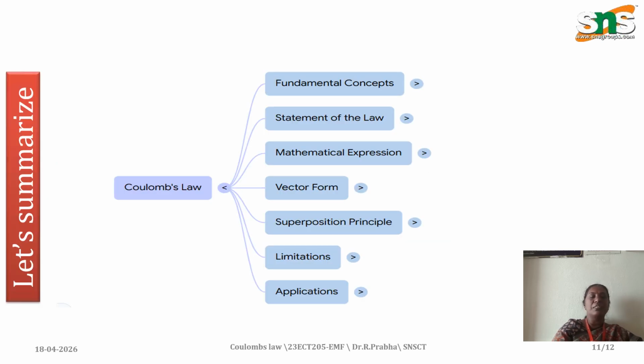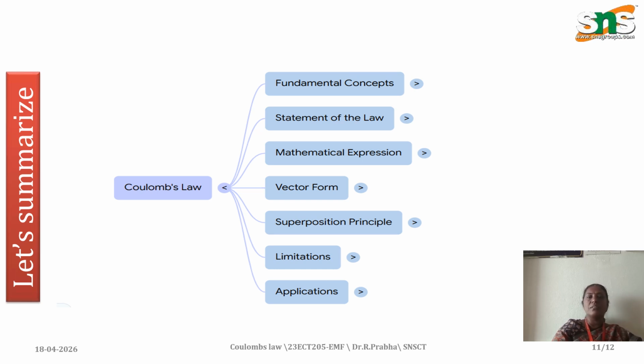These are some of the applications of Coulomb's law. So far we have discussed the recall of the previous topic and Coulomb's law, the fundamental concept, and the statement, showing how the force acts on two point charges. We have seen the mathematical expressions and the vector form of Coulomb's law.